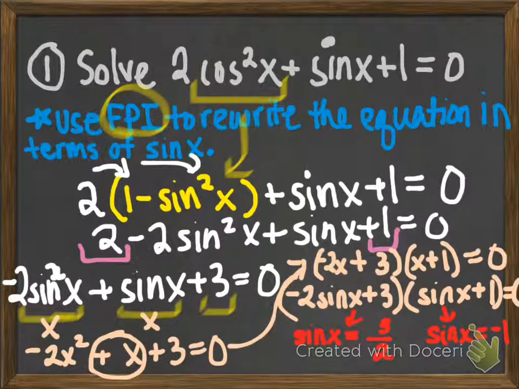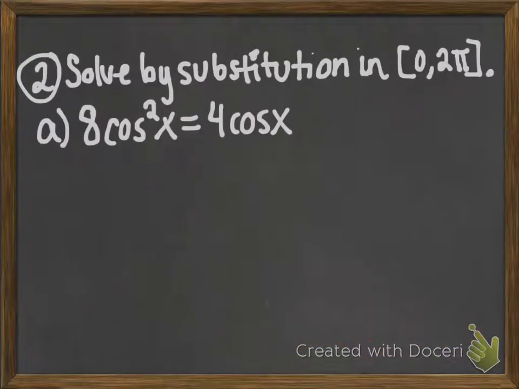From there, I'm just looking at where is the sine 3/2 and where is the sine negative 1. So pretty straightforward and easy from then on. I just wanted to show you mostly how to get it to this point.